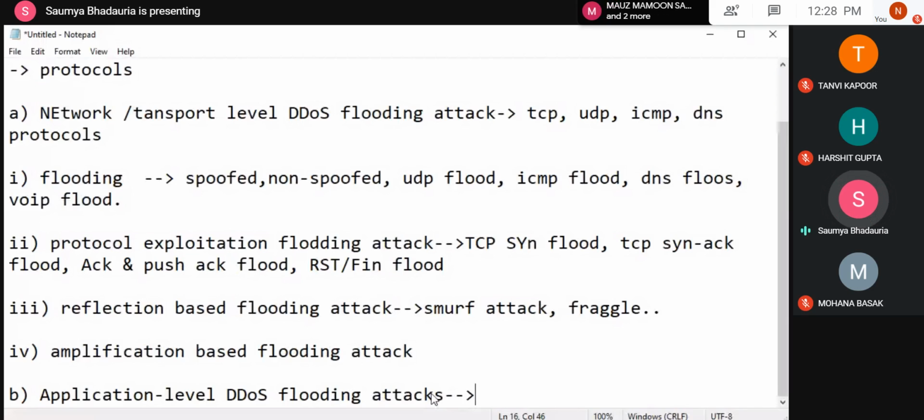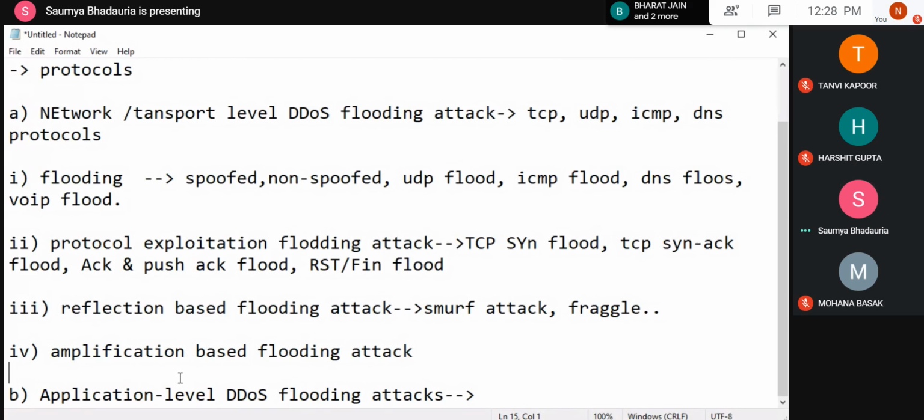Now, when we say that these are the things which are normally exhausted, this means that application level DDoS attacks normally consume less bandwidth and are stealthier in nature compared to the network or transport attacks, because those are very volumetric attacks.